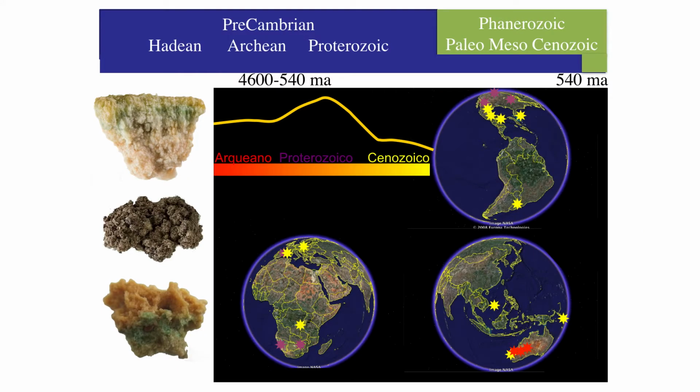We know from the geological record that way back in the Archean, when we have the oldest evidence of stromatolites, these were very abundant in different coastal and inland ecosystems.